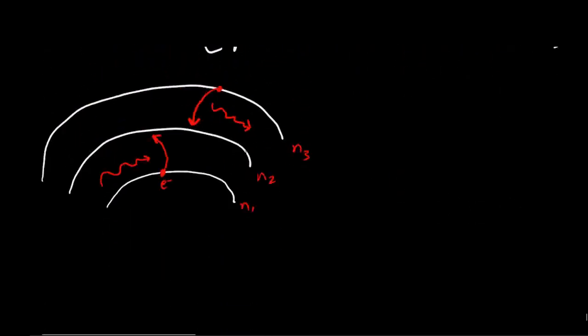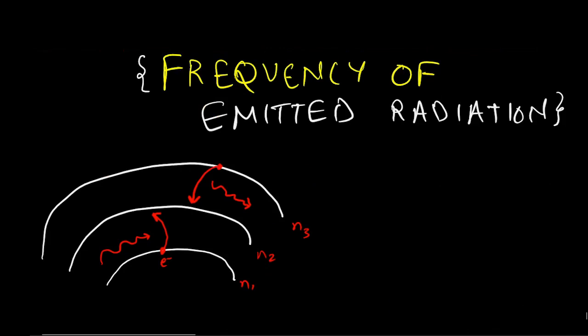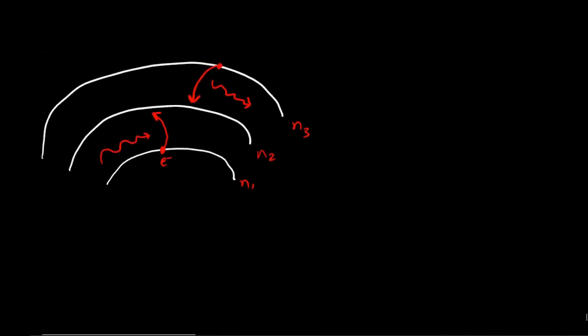I will use this expression to derive the frequency of emitted radiation. Let me write it here: En equals minus me^4 divided by 8 epsilon naught squared n squared h squared.